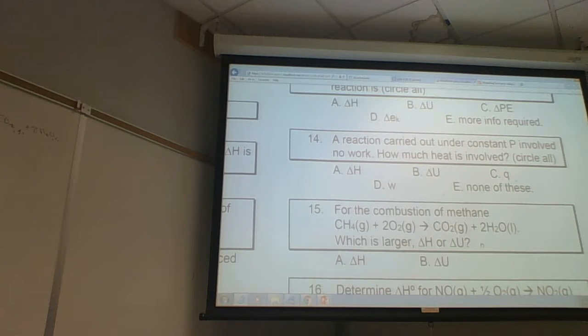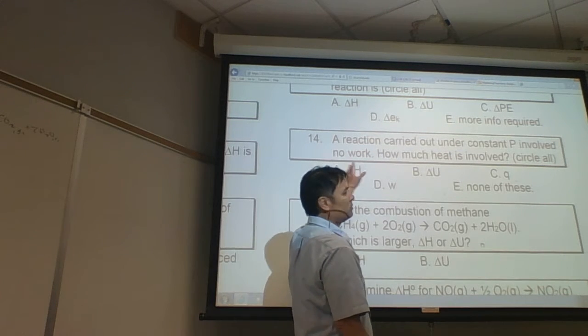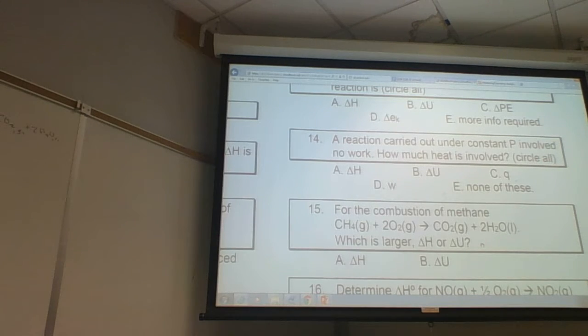Since it's constant volume, did I just do that in a bomb? No, I did that under constant pressure conditions. So that's what we have here. A reaction carried out under constant pressure involved no work. There was no work involved there, except I did work, but no work was done on the chemical reaction or by the chemical reaction.